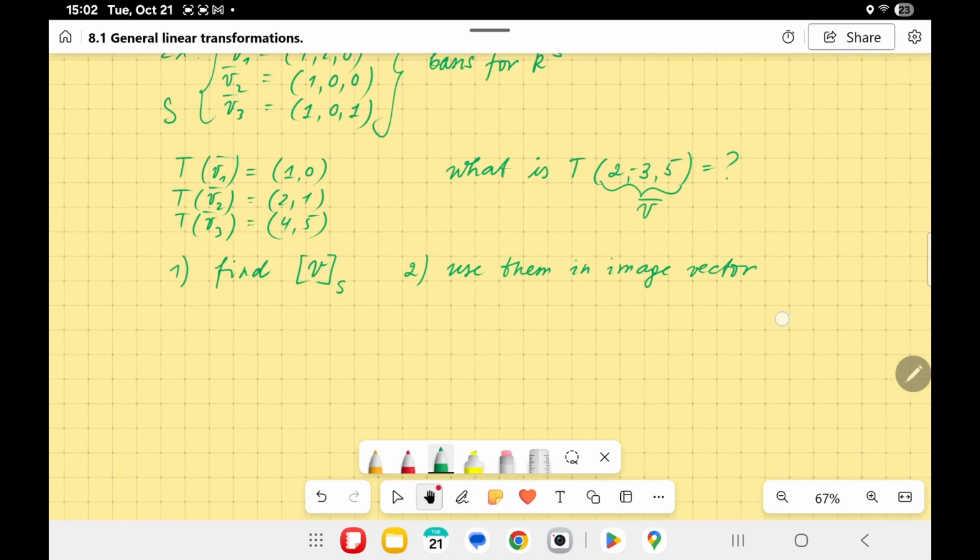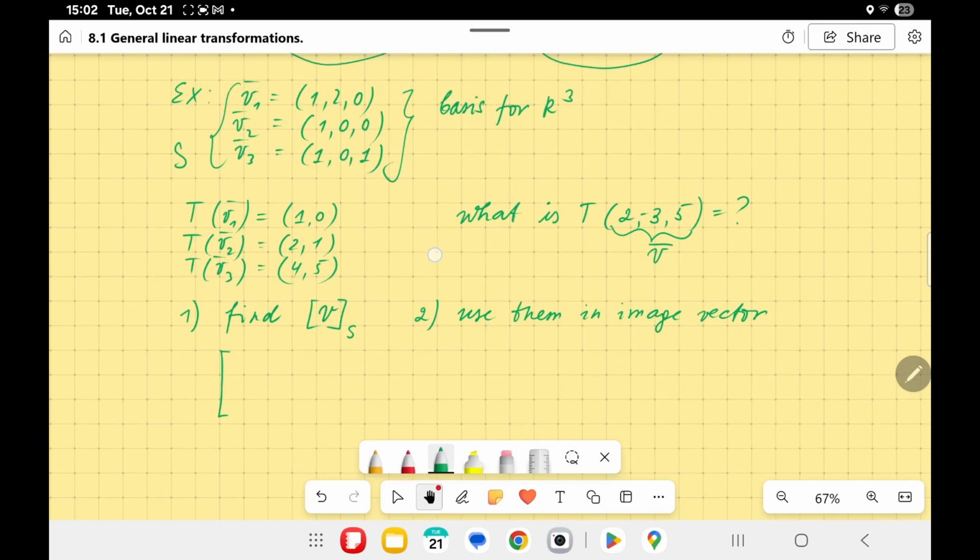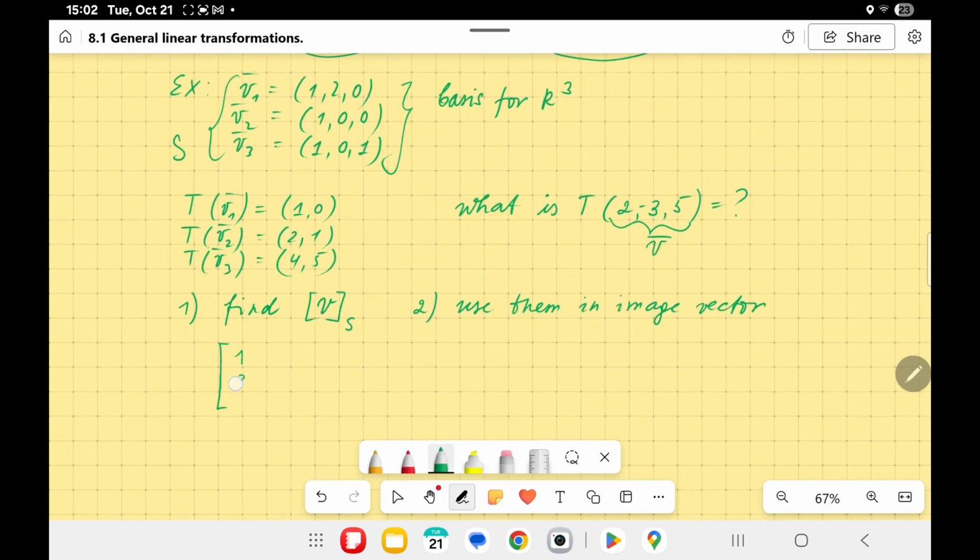So basically we are going to solve the system of equations, and I'm going to write down the matrix with columns (1, 2, 0), (1, 0, 0) and (1, 0, 1). We need to multiply by C1, C2, C3.